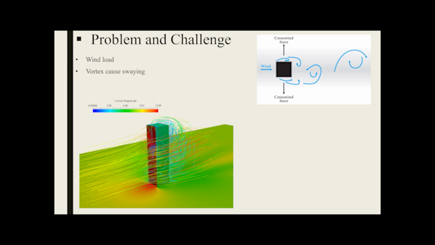It will make the building sway, which causes the residents inside the building to have motion sickness, which is not good for them when they are in a skyscraper.